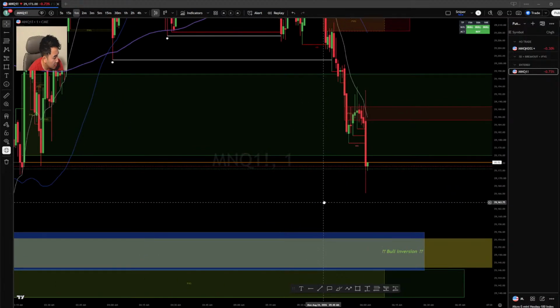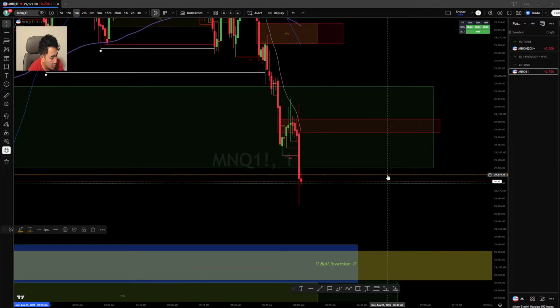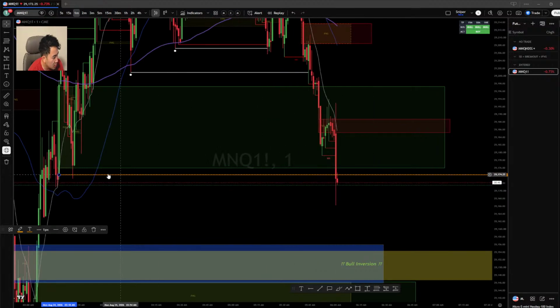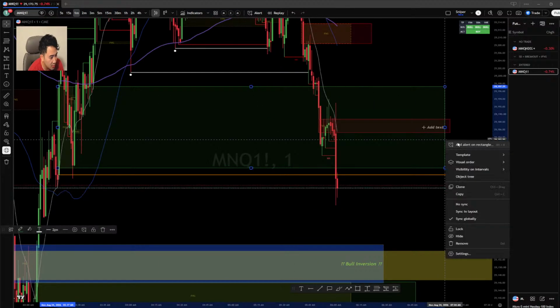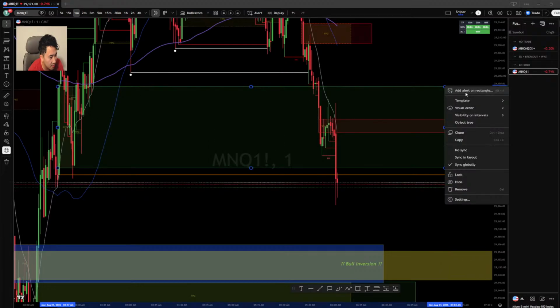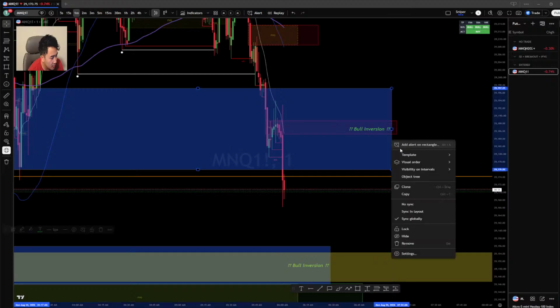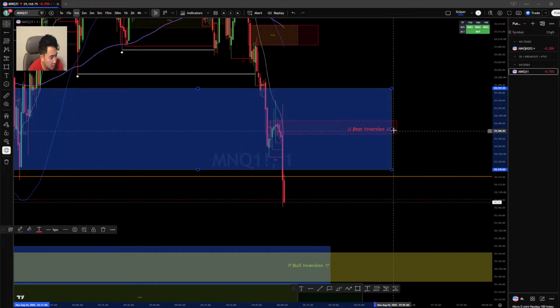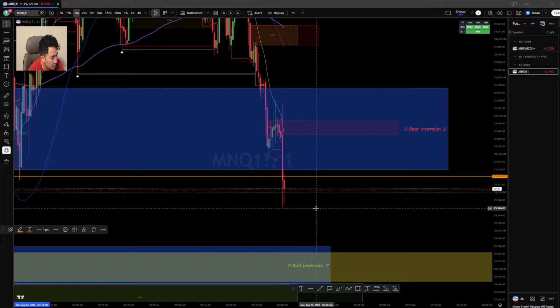Okay, here's what we're gonna do. Price closed over this orange line, which is the candle body low that created this bullish gap. This becomes a bearish inversion now. Gonna delete this here.